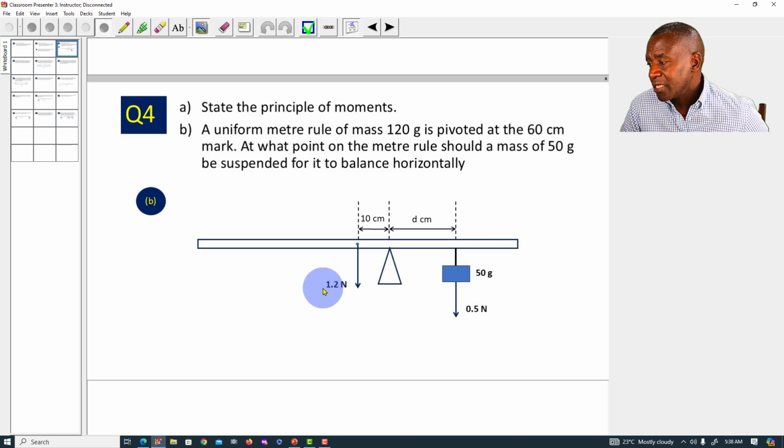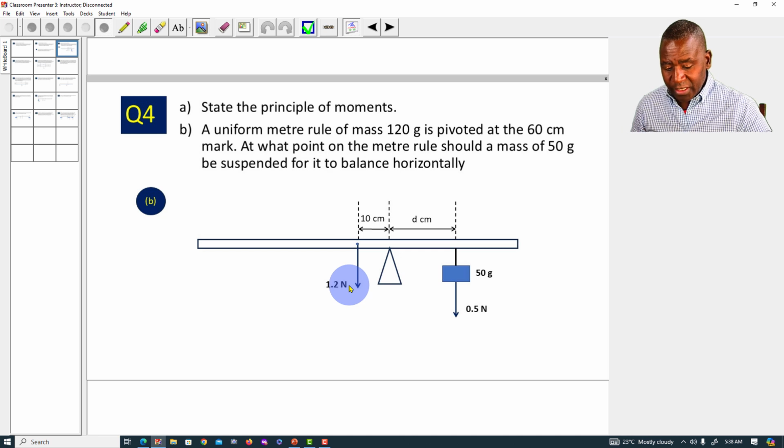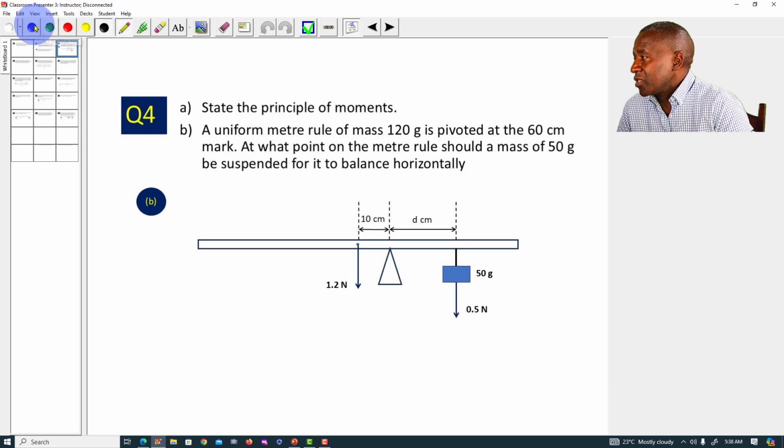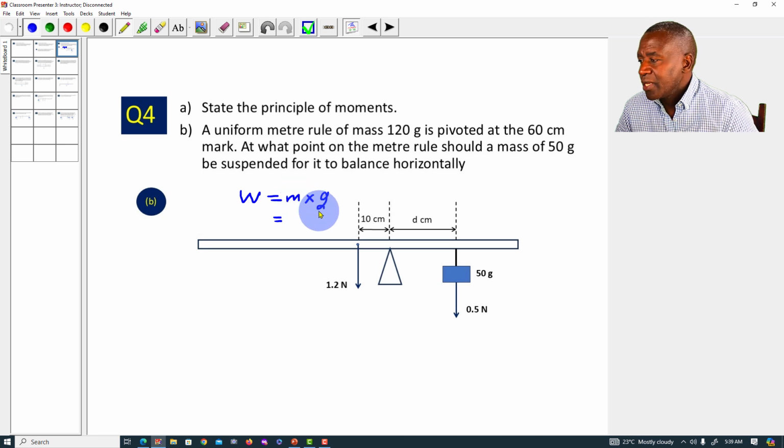How did I get this weight? For those who yet don't know, let me just show you how I got the weight from its mass, because it's something that is going to be repeated from time to time. The weight of an object is related to the mass of the object by this equation. This is the mass of the object in kilograms, and this is the gravitational field strength.